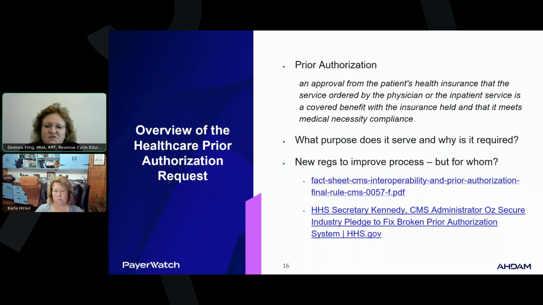It also is supposed to honor existing prior authorizations during insurance transitions so that it ensures continuity of care, to enhance transparency and communication around prior auth decisions in appeals, as well as expand real-time responses with real-time approvals by 2027.